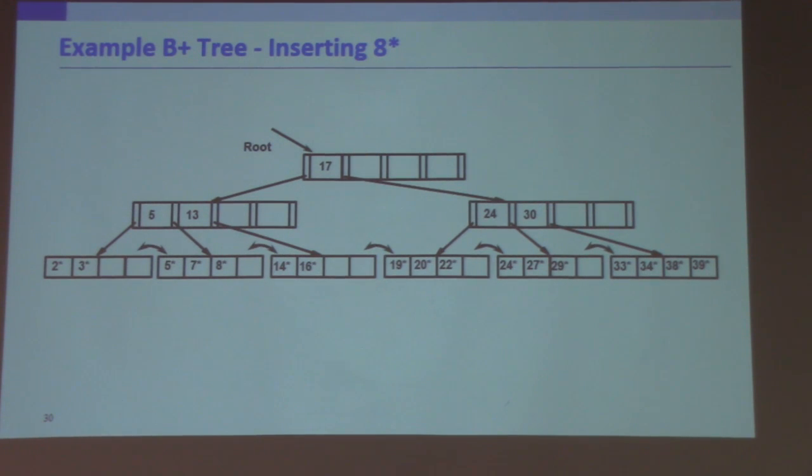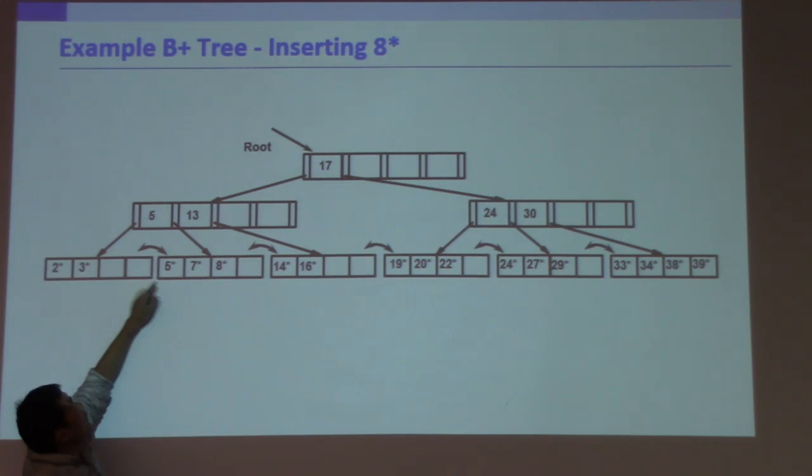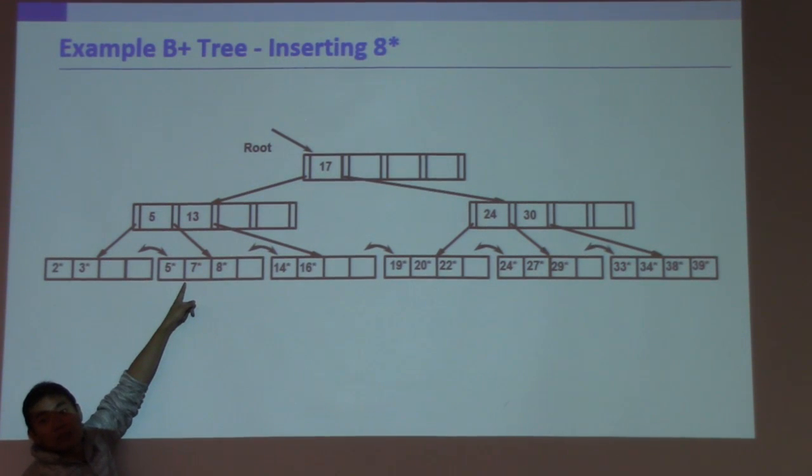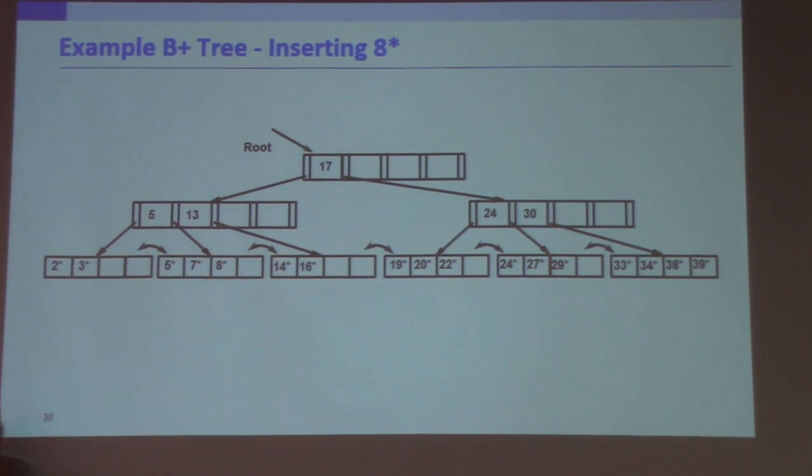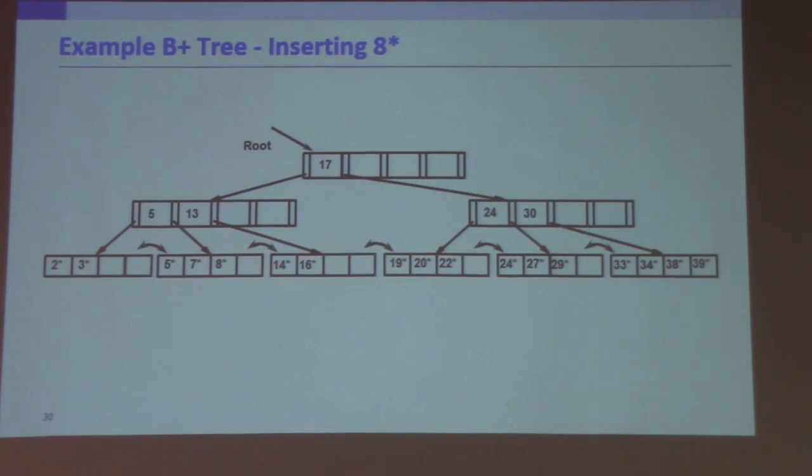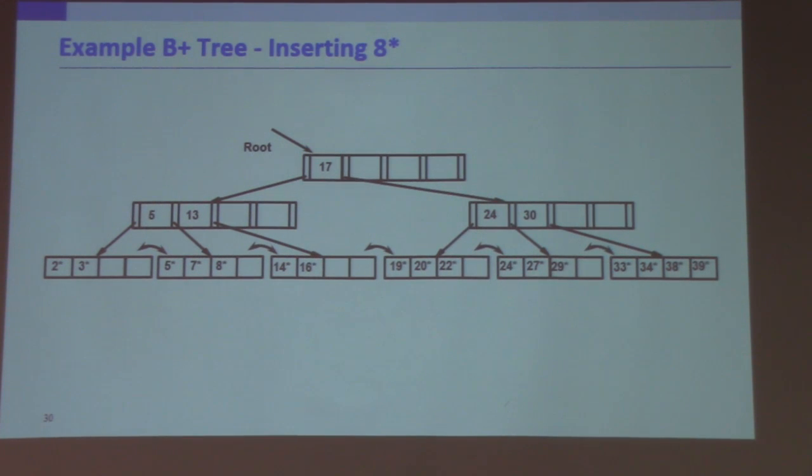Once you push 5 over, 7 becomes the smallest key value here, so you have to update that entry from 5 to 7. Does that make sense? So that's what we call the borrowing operation.